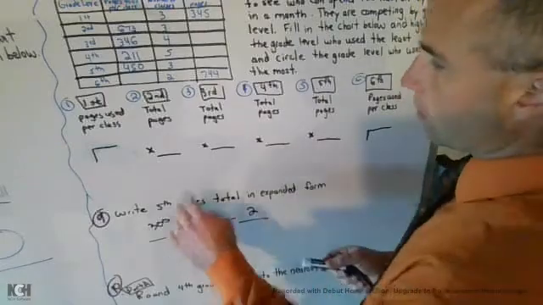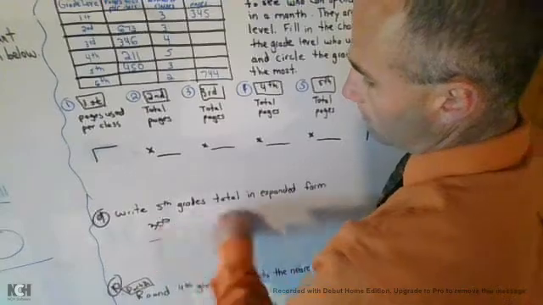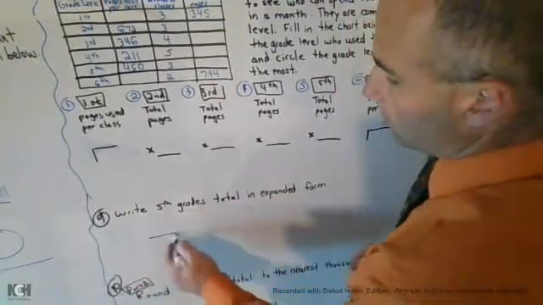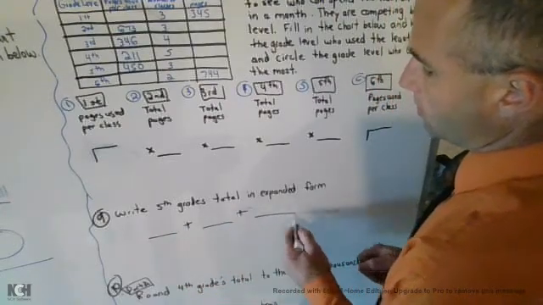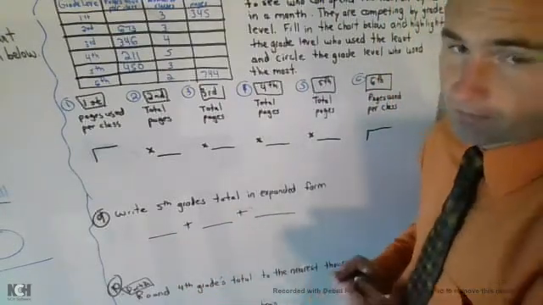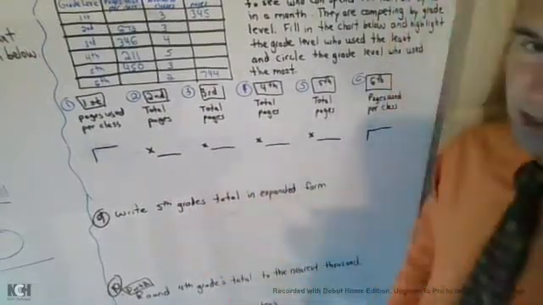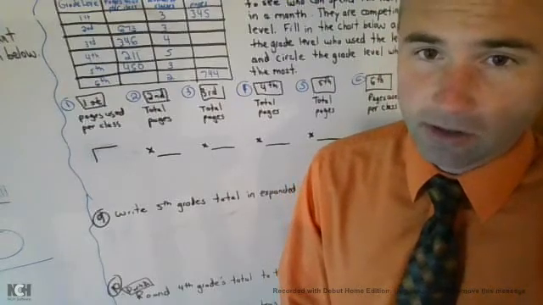So you're going to write whatever you get here in expanded form. And the way you want to type it in the Google form is write the number, plus sign, number, plus sign, number. Okay? So I'm not going to give you the answer for that one either. You have to actually go ahead and solve that one. But once again, you'll see the results on the Google form.